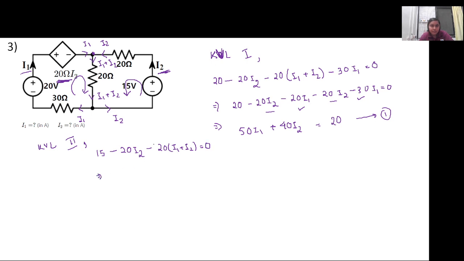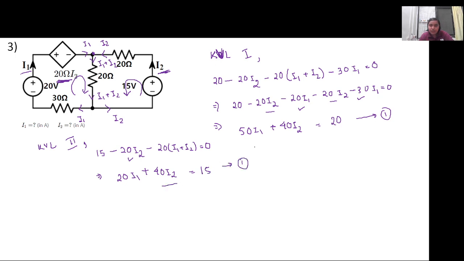If we take the constant on that side, it will be 20 I2 plus 20 I2, so 40 I2, and I1 is just 20, so 20 I1 will be equal to 15. This is the second equation.